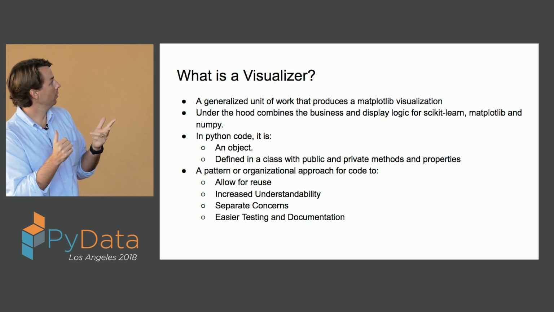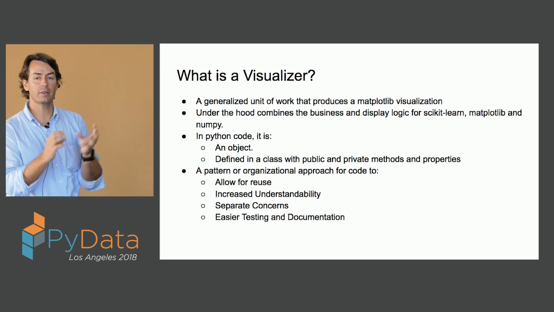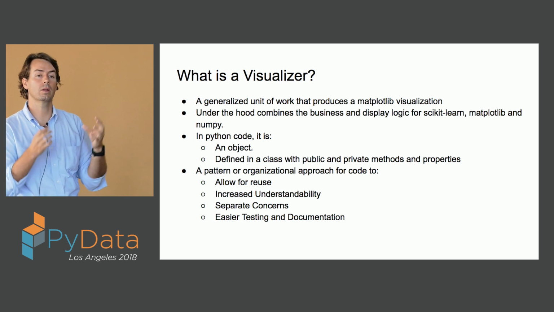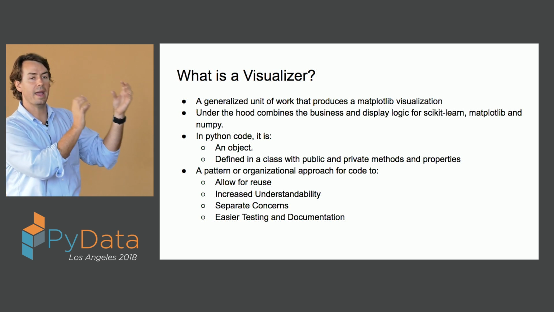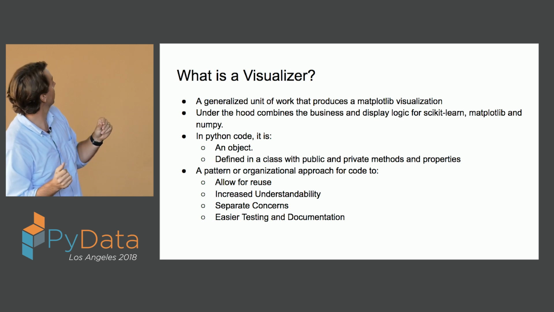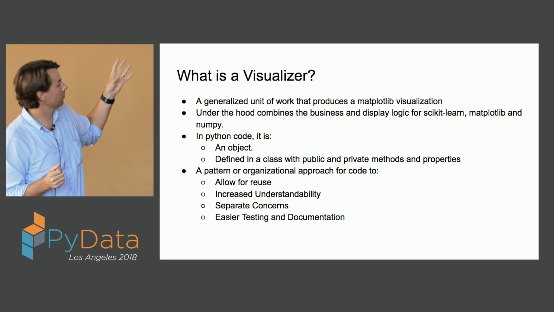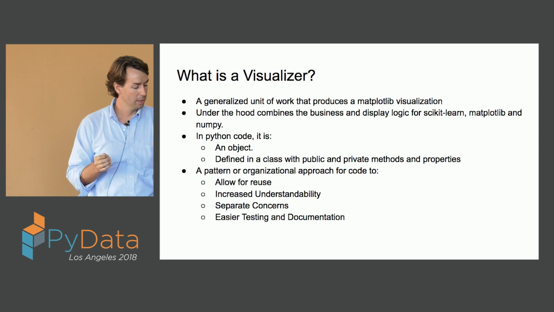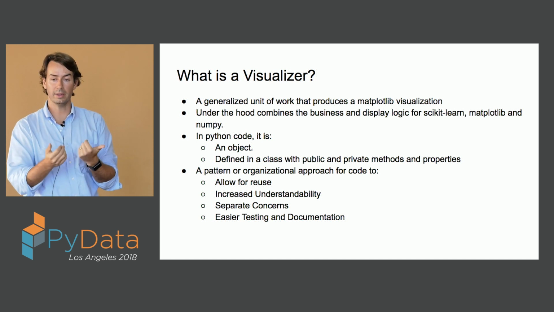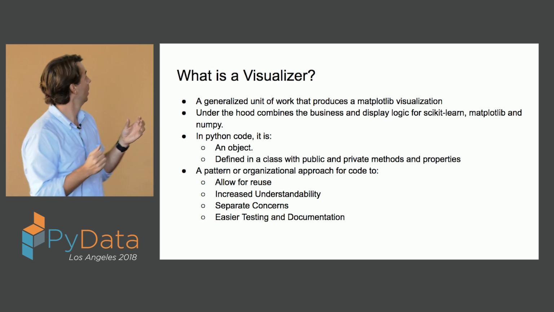We use that class approach to organize the logic for developing a visualization, or, in another word, developing a data product. This pattern allows us to reuse it. In Python, we have inheritance, so we can use other methods and properties that we inherit from.